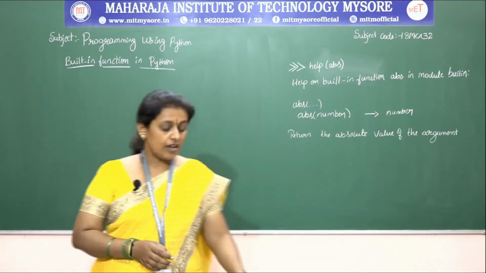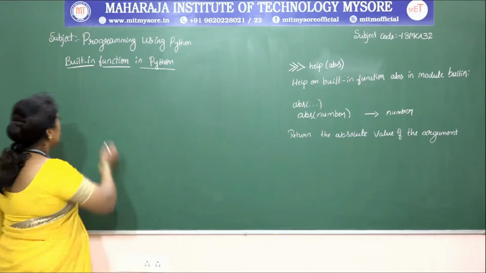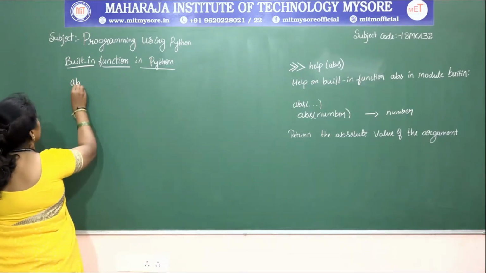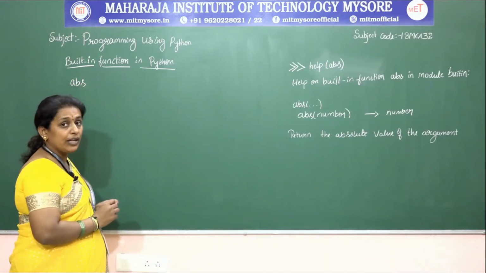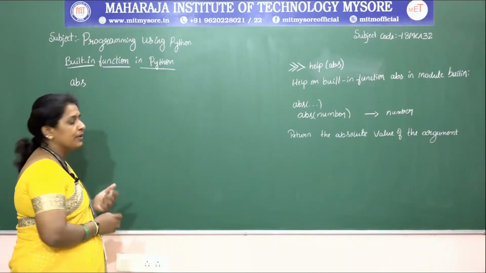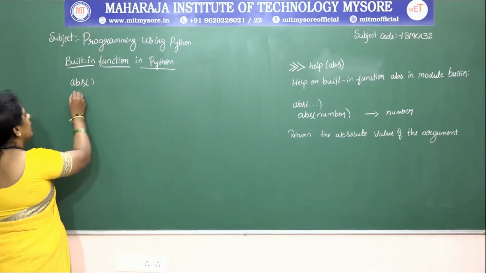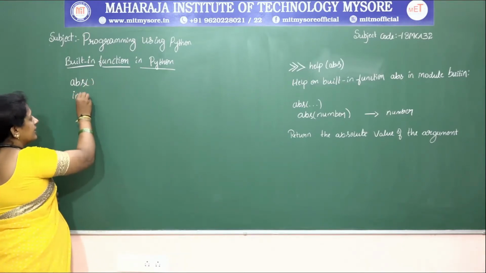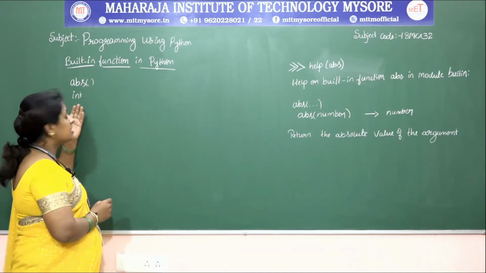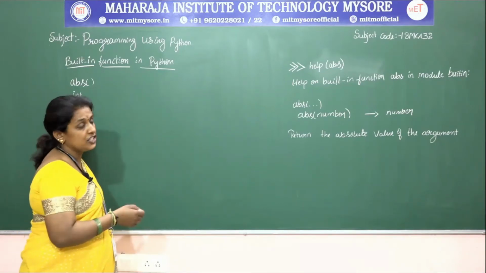So in the last class we discussed a few built-in functions. One is abs, that is the absolute value of a variable or a number. After that we discussed int, that is type conversion, which converts the given value to an integer.